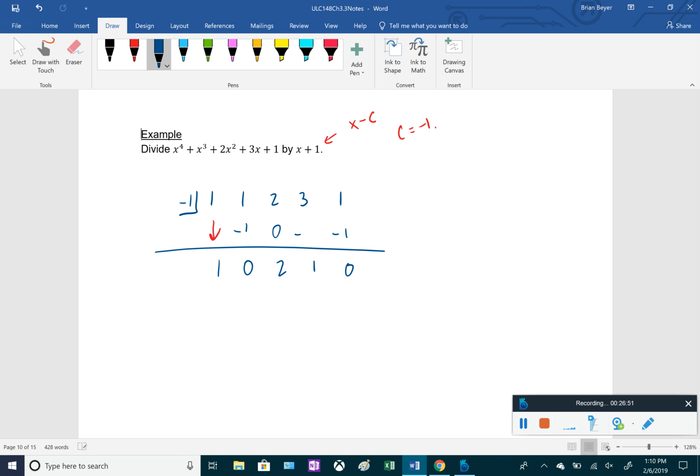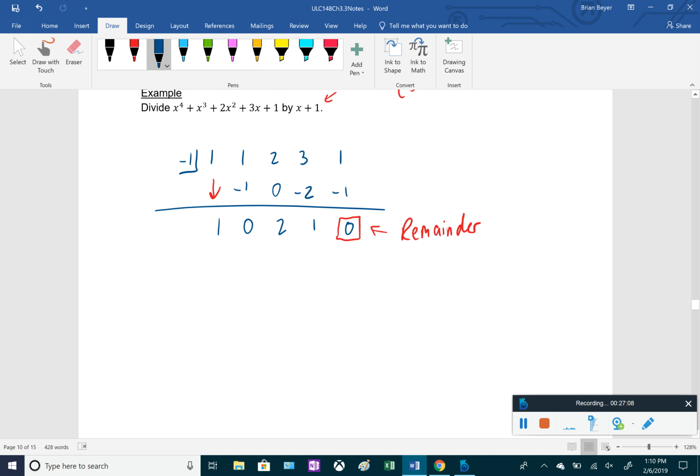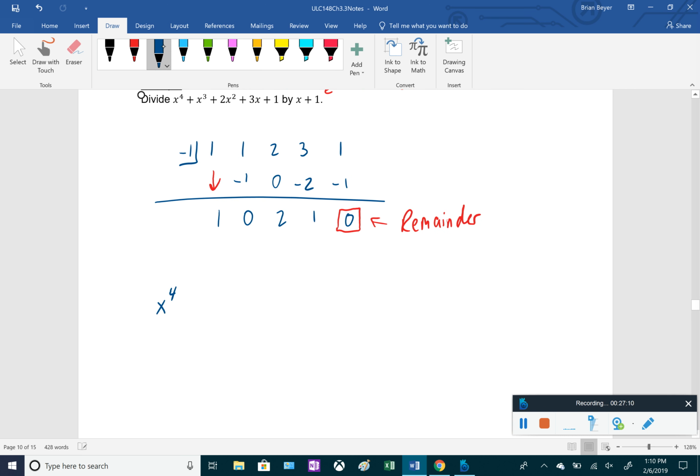The reason I wanted to do this last example is so we get a remainder of 0, just so we can see what it means once we set it up. So let's set up our answer. In the division algorithm, it's going to be x to the 4th plus x cubed plus 2x squared plus 3x plus 1. We divided that by x plus 1.